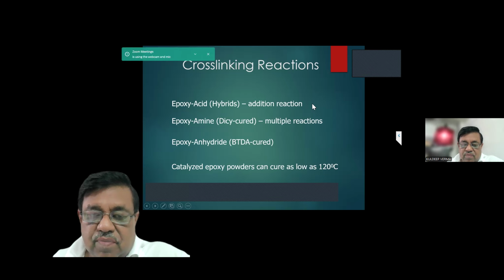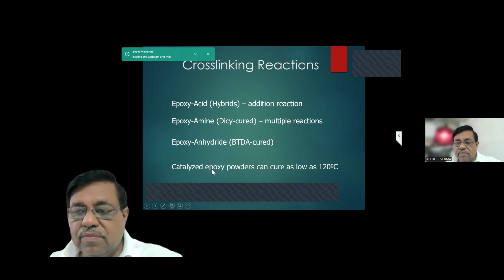In that case, we should add slightly more excess epoxy in the formulation to avoid the condensation reaction. The epoxy amine, dicy, epoxy anhydride, then catalyzed epoxy powder can cure at a lower temperature. So these catalysts are used in the formulation.